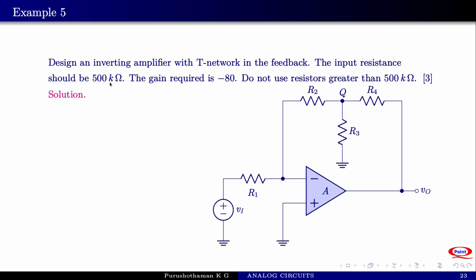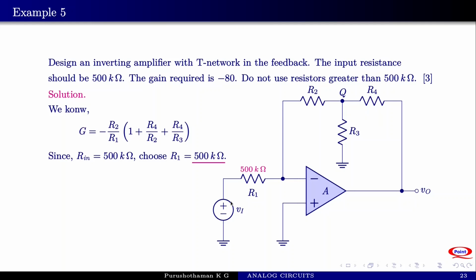It is given that the input resistance is 500 kilo ohms. Input resistance is R1 because it is an inverting amplifier. So you have to choose R1 to be equal to 500 kilo ohms.